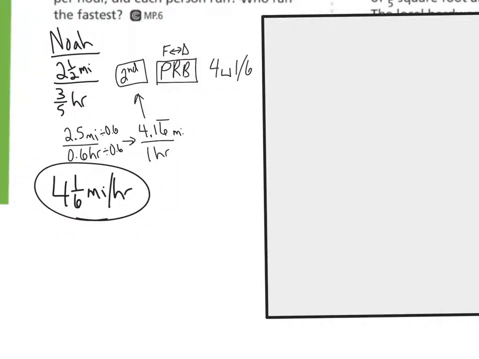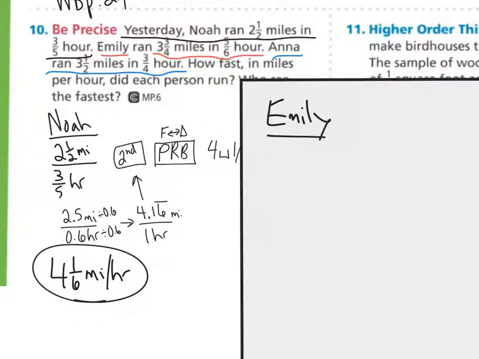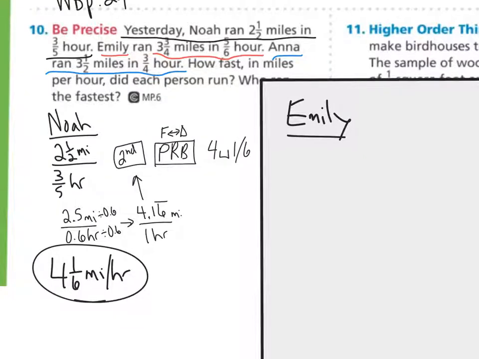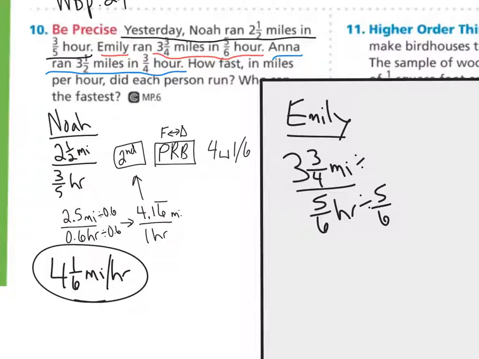So for Emily, it's 3 3/4 miles in 5/6 of an hour. You might recognize 3 3/4 as the same as 3.75.